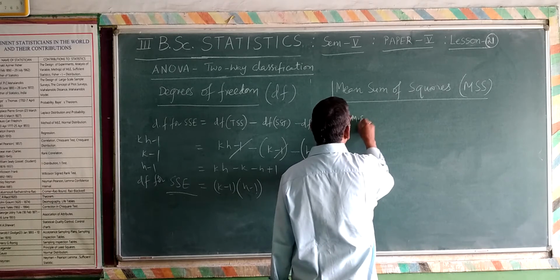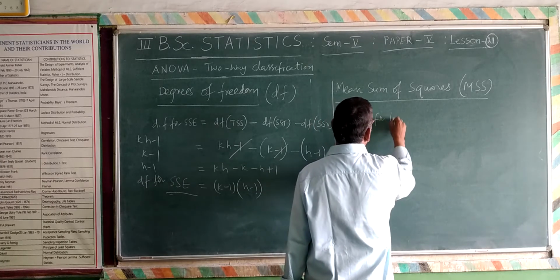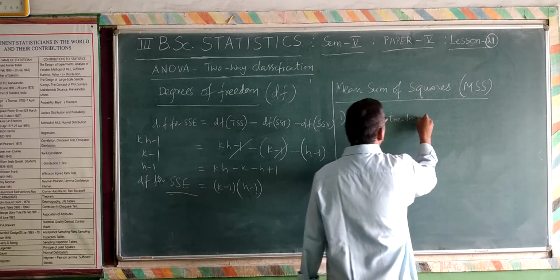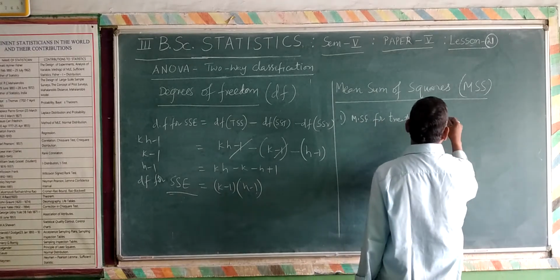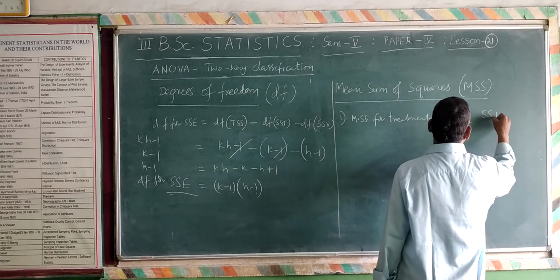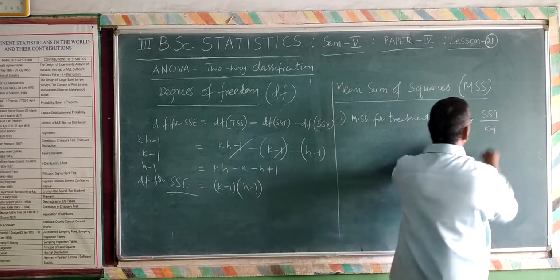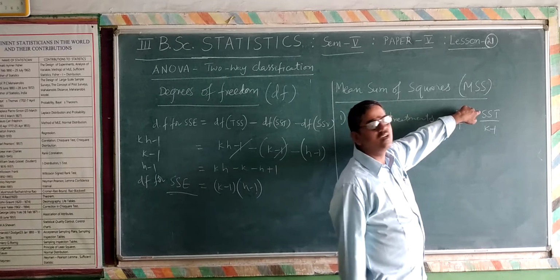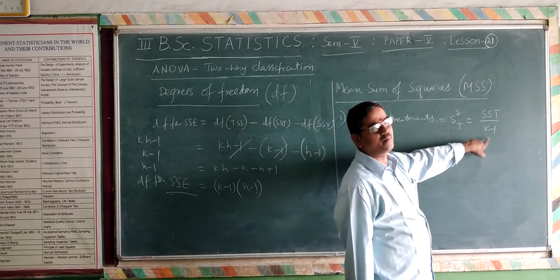The mean sum of squares for treatments I am calling S square T. The formula is SST divided by k minus 1, since the sum of squares is SST and its degrees of freedom is k minus 1.